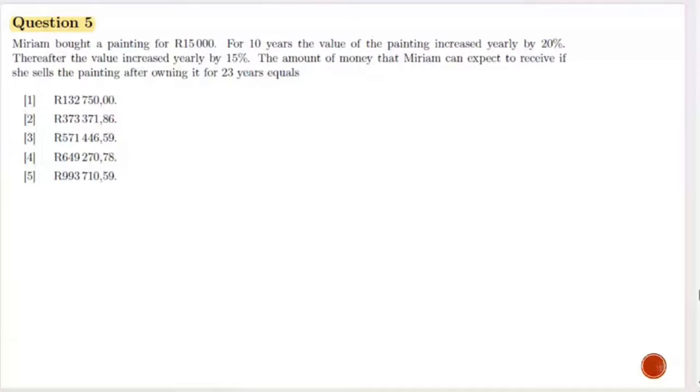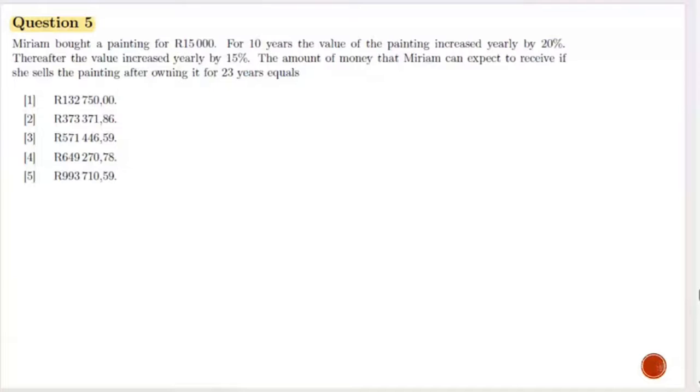The amount of money that Miriam can expect to receive if she sells the painting after owning it for 23 years equals to. Okay. So now what is important is, what is this discourse that I need to be playing in? I don't see anything talking about simple interest here.